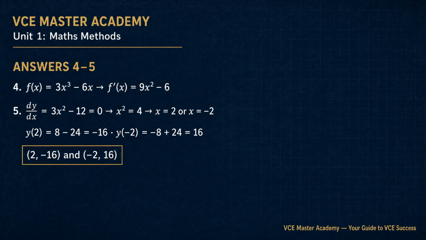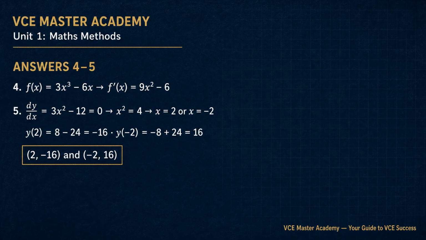Question 5. Differentiate. 3x squared minus 12. Set it to 0 because gradient 0 means the tangent is perfectly flat. Add 12, divide by 3, x squared equals 4. And careful here, that gives two answers, positive 2 and negative 2. Forgetting the negative root is the classic lost mark. Now the coordinates, from the original curve.